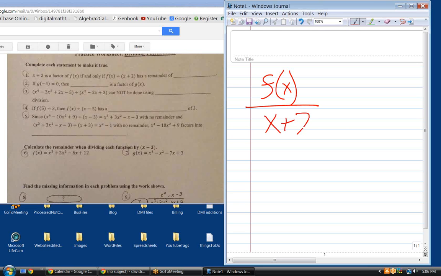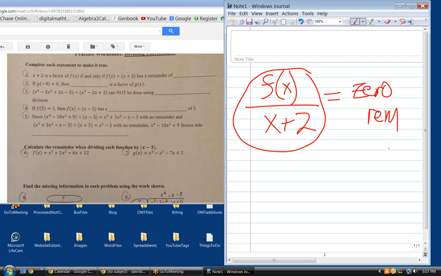It's called the zero factor theorem. What it says is that if f of x, whatever polynomial f of x is, is divided by x plus 2, and x plus 2 is a factor, then it has to have a zero remainder.